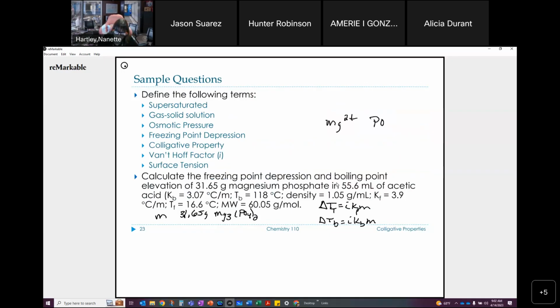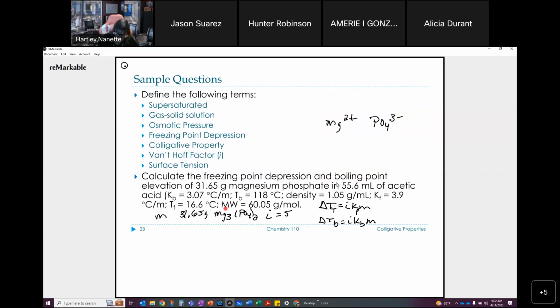My phosphate, PO4, is a 3-. That is its charge in the polyatomic ions table. So the charge on this becomes a subscript here. The charge on this becomes a subscript here because they're not the same. So that's how I know that this is the formula that I need for magnesium phosphate, which has an i of 5. I need to know the molecular weight of magnesium phosphate, which I was not given.